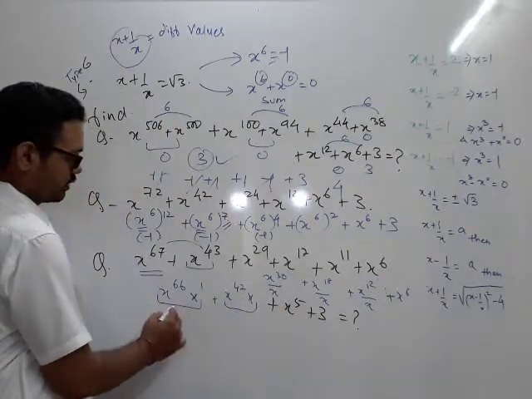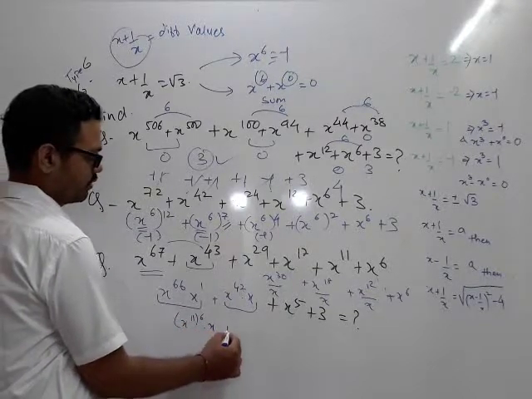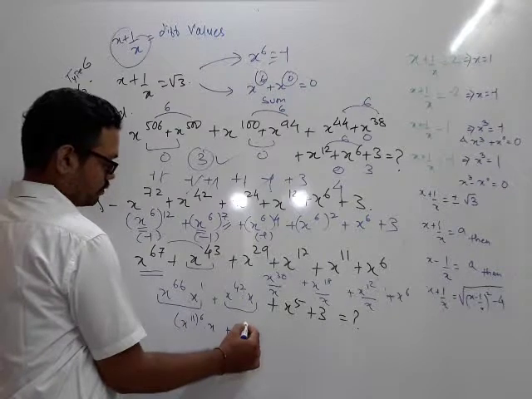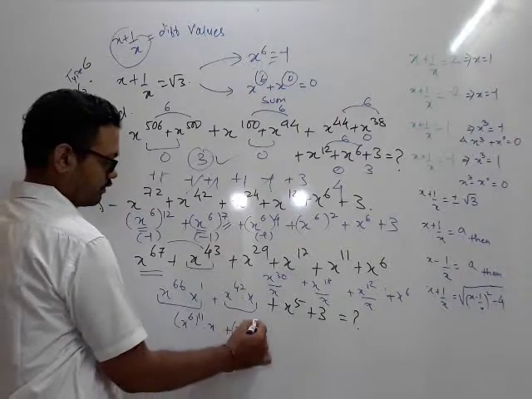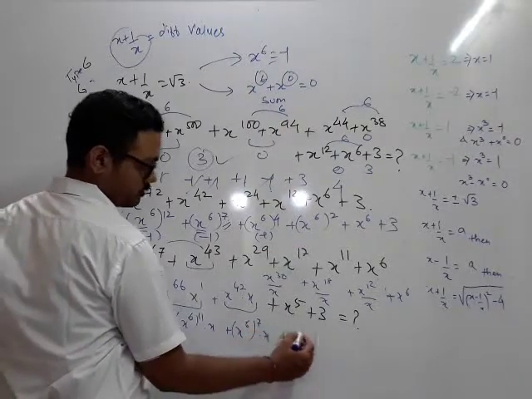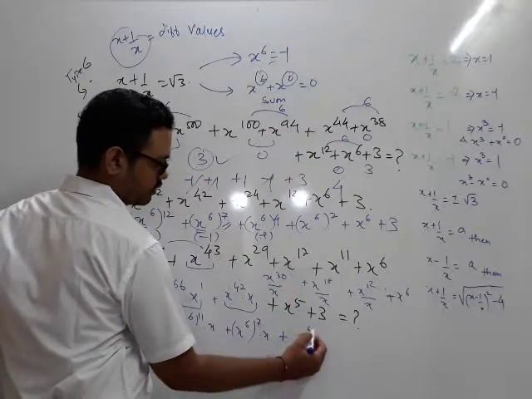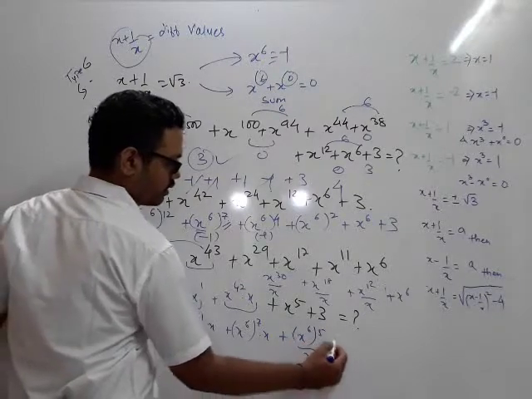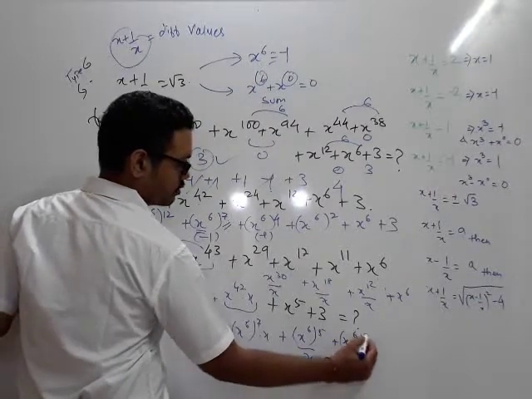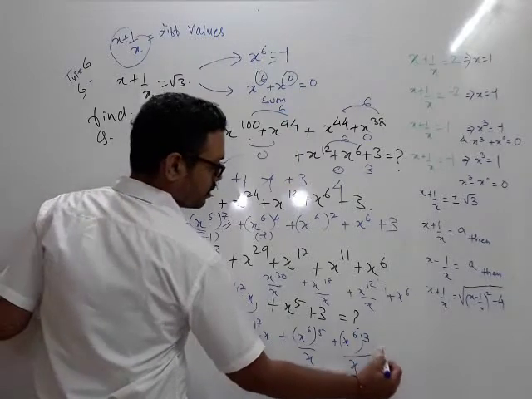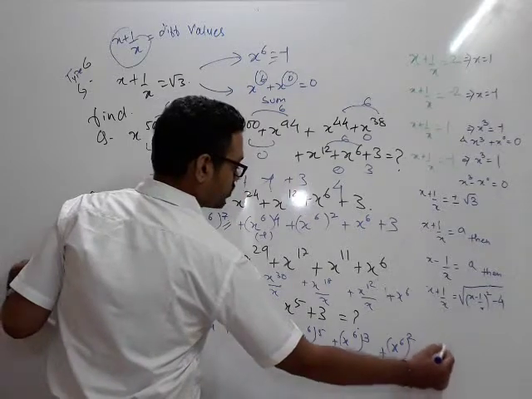Okay, so it becomes nothing else but x raised to 11 is 6 raised to 7 into x, plus x raised to 30 upon x is 6 raised to 5 upon x, plus x raised to 18, which is 6 raised to 3 upon x, plus x raised to 6 square upon x, plus x raised to 6.